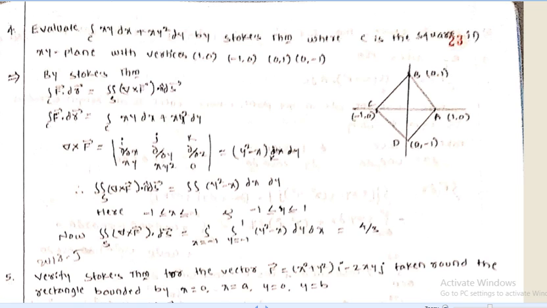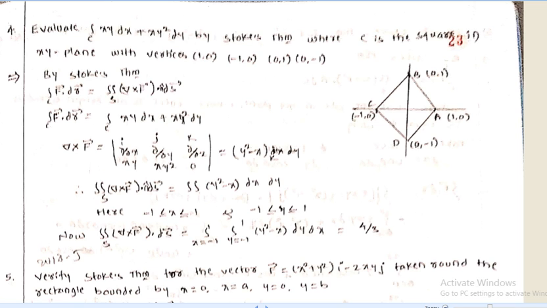So you know that Stokes theorem is the integration of F dot dr equal to the double integration over the surface of del cross F dot n cap dS. So first we calculate F dot dr, which is equal to the integration of xy dx plus xy² dy.